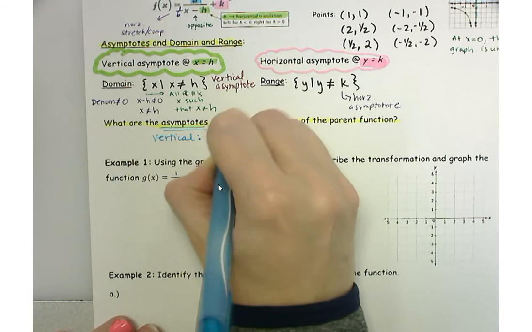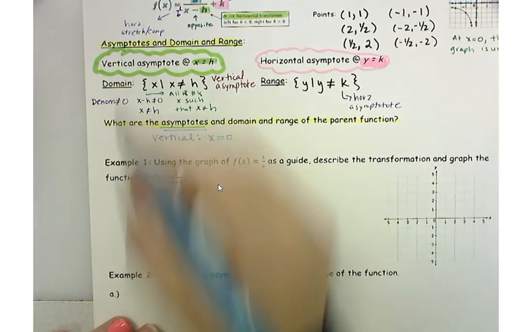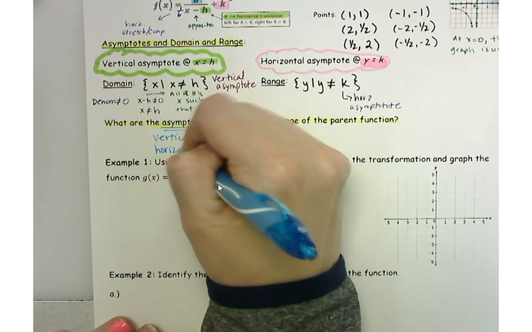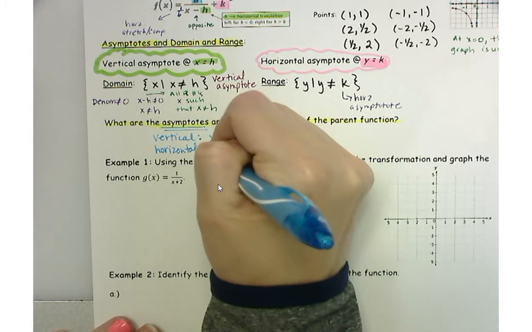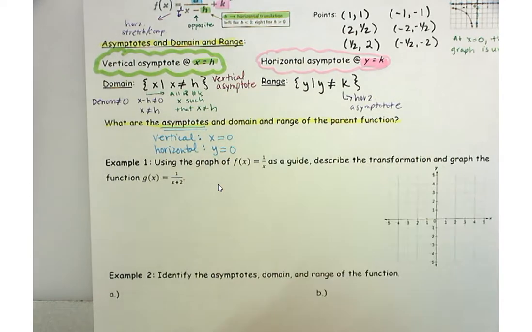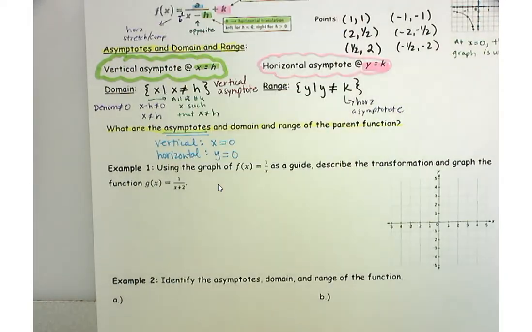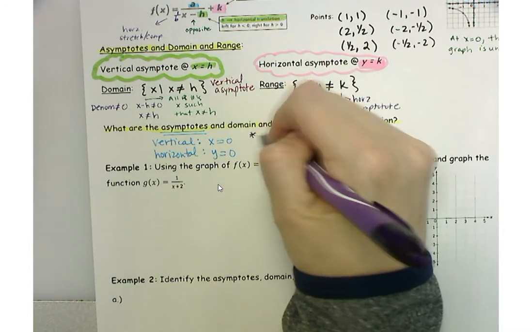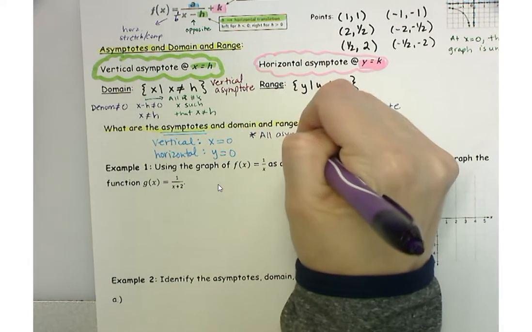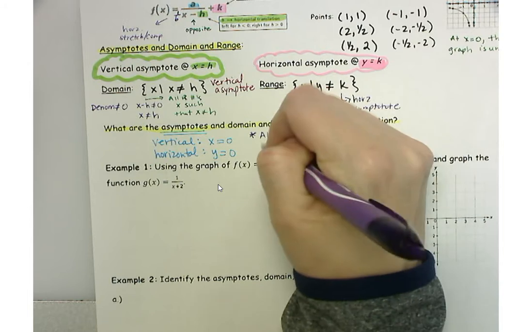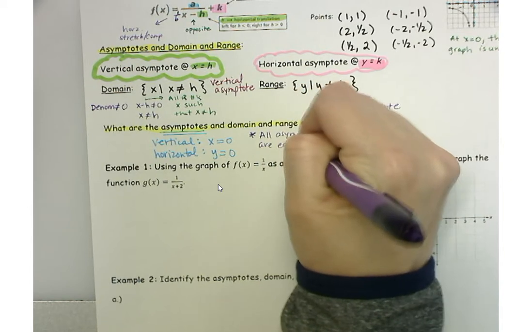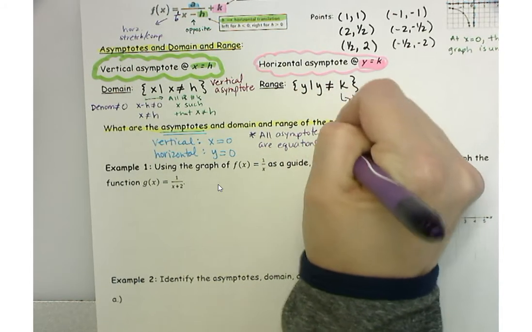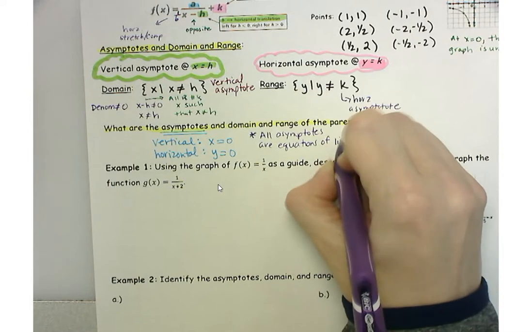So all of your asymptotes are equations of lines. That's why I would mark it off if I asked you for an asymptote and you just put 0, because that doesn't tell me what line it is. Vertical is always going to be with x, horizontal will always be with y.